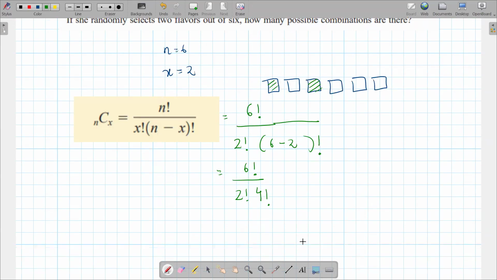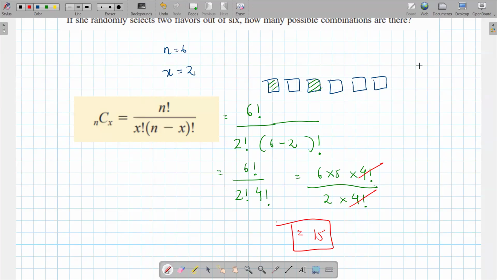Now you can either plug this in a calculator or we can deduce this. 6 factorial is 6 times 5 times 4 factorial. 2 factorial is just 2 times 1, that's just a 2. And 4 factorial, I'm going to write as 4 factorial so I can cancel this. So this thing and this thing cancel out. You have 30 over 2, so the answer is 15. So there's 15 total combinations of picking 2 items out of 6.